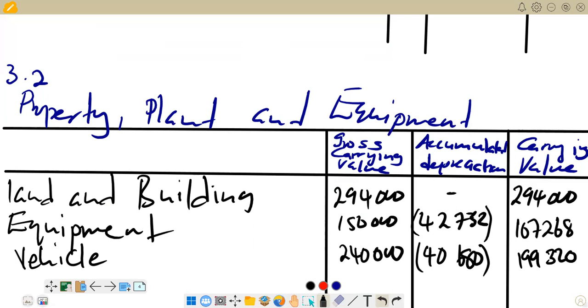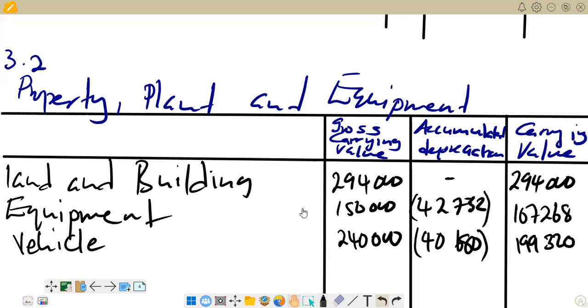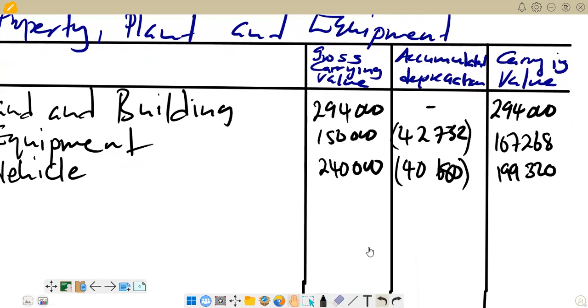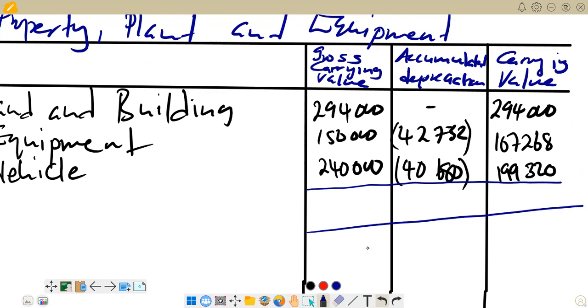Then obviously we also need to calculate the totals there, underlined here. So we are adding this column, then we add the other column.